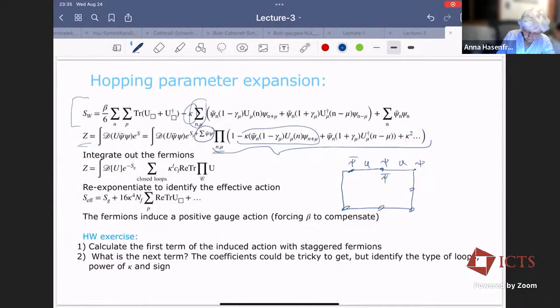So when we integrate out the fermions, what I will get is a sum over closed gauge loops.